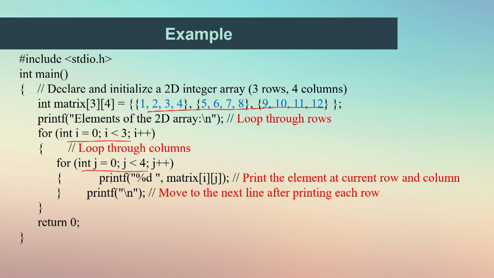We use a printf statement for displaying the values of matrix of i comma j, and we introduce a \n in the outer loop. Obviously, after completing the elements printed in a particular row, we introduce a new line, and then it prints in the form of a complete matrix.